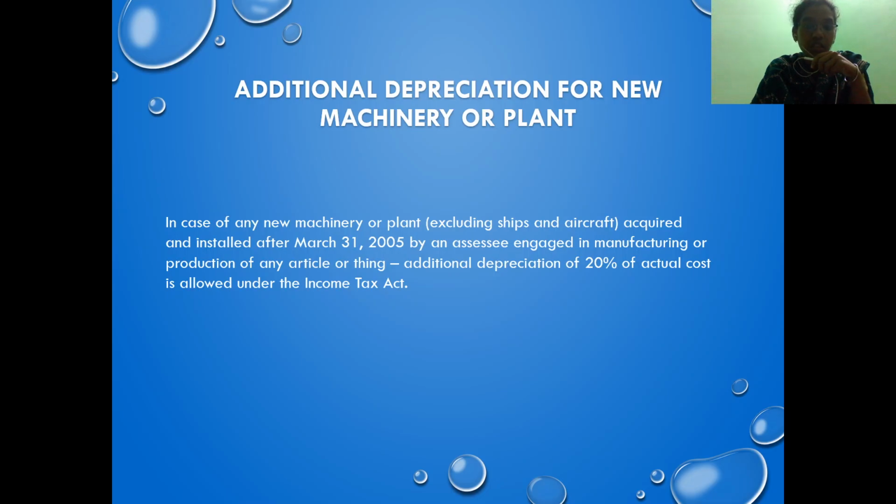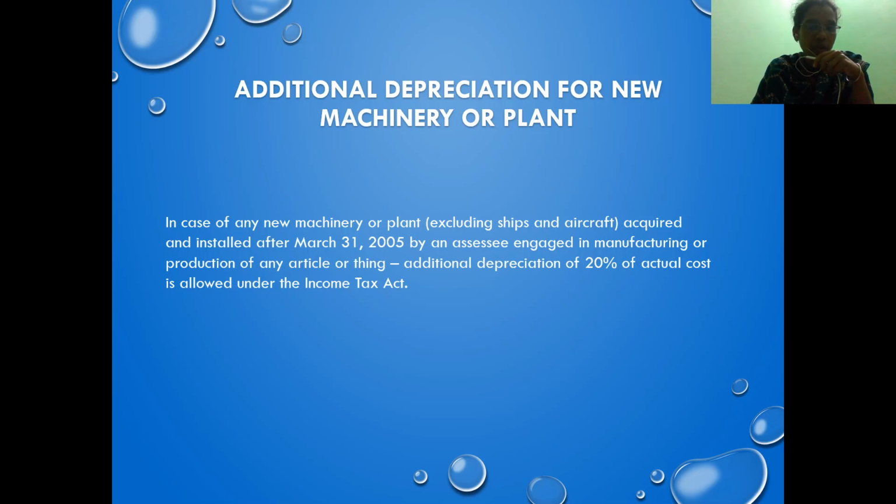Any written down value carried forward from the previous year, or a machine purchased say 2 or 3 years back, on that we will claim only normal depreciation, and additional depreciation cannot be claimed on those plant and machinery. The asset qualifying for additional depreciation is newly acquired plant or machinery.